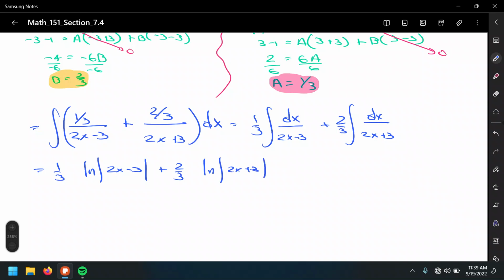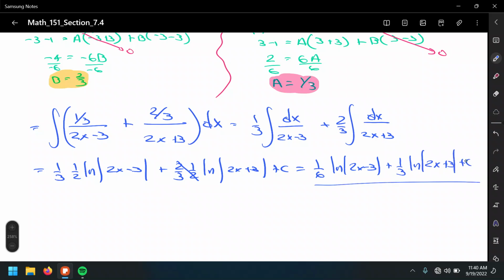The space is for that factor that comes out of the integration. In this case, it would be a really baby u substitution. That'll be a 1/2. That'll be another 1/2. Okay, so that's going to be plus c, of course. This will be 1/6 ln of 2x minus 3 plus, cancel these 2's, that's 1/3 ln of 2x plus 3, plus c. Final answer.